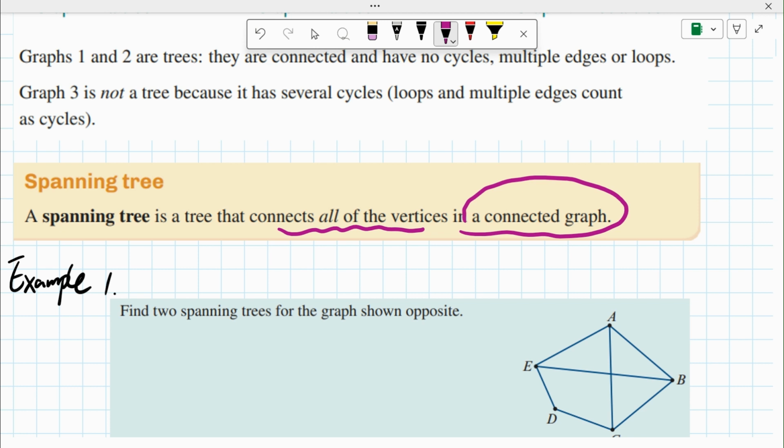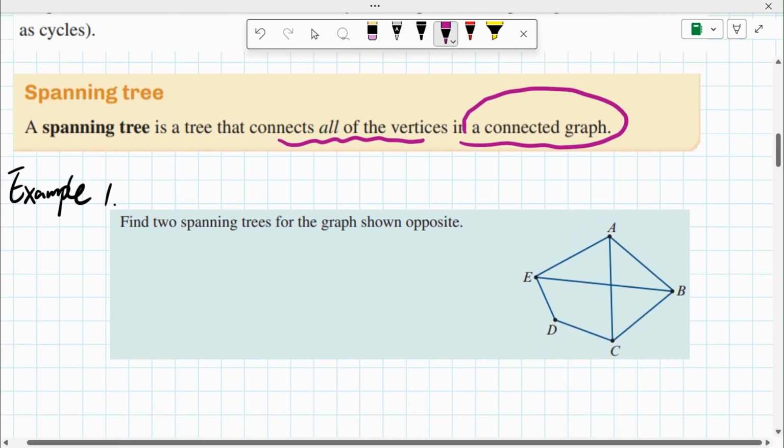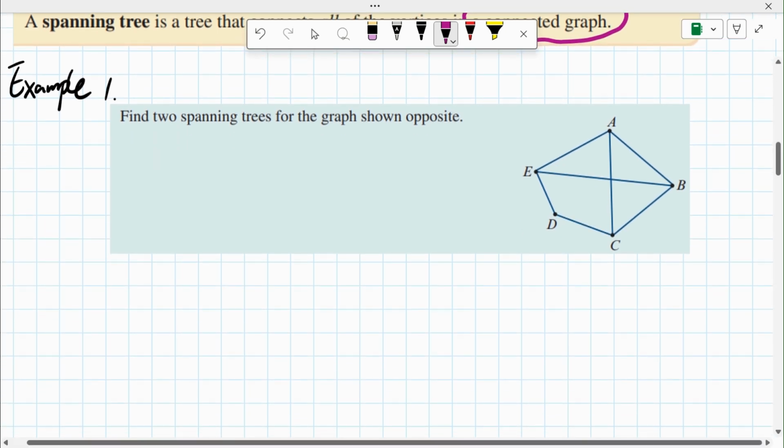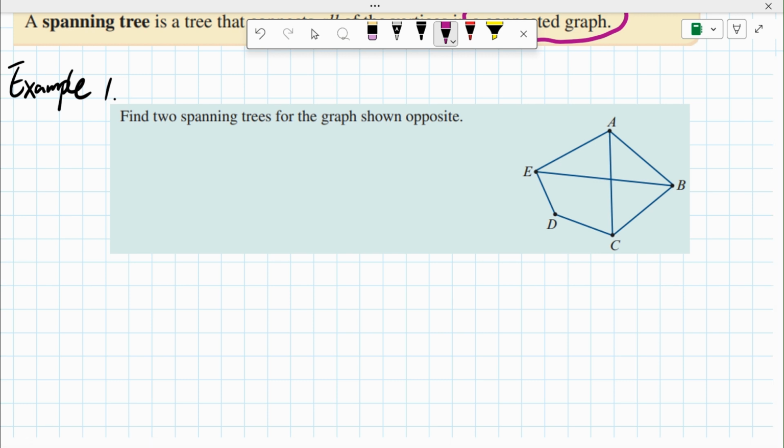For example, if I had a graph 1 like this, with vertices A, B, C, D, E, we have to figure out which spanning trees it has. So I'm going to use these examples for the spanning tree.